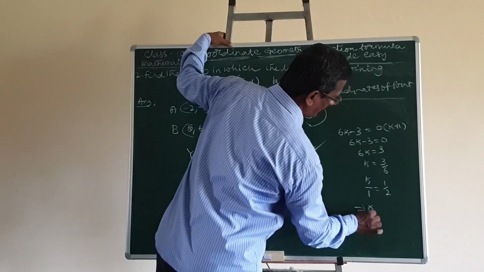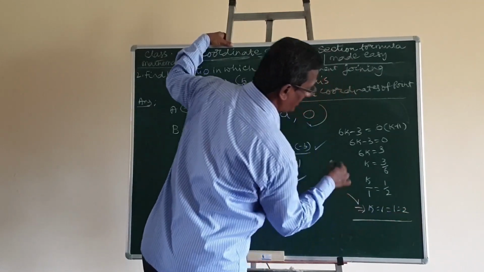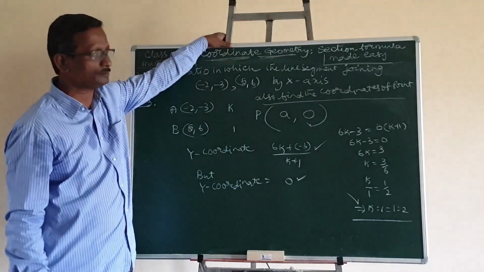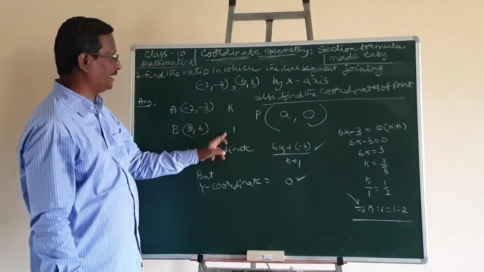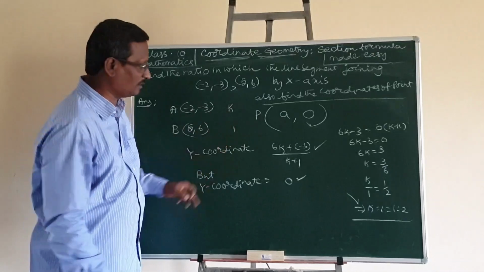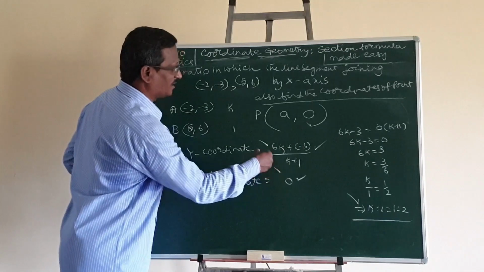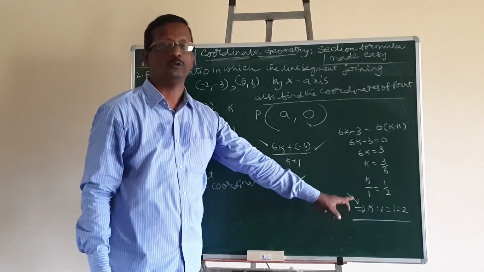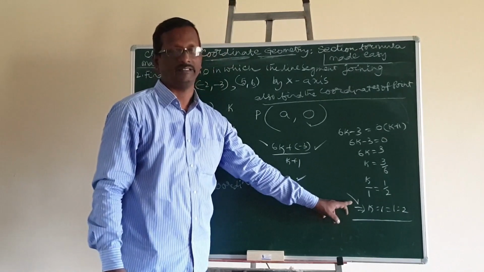This implies k is to 1 is equal to 1 is to 2. The ratio is 1 is to 2. The known y coordinate is calculated by assuming the ratio k is to 1. On equating the y coordinate as per the calculation and as per the given statement, we get the value of k. From k, we will write the ratio in this way.